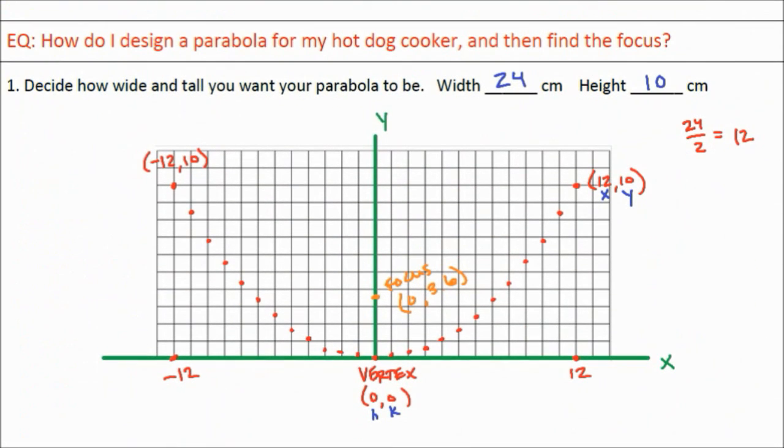The reason I have you do that is it makes it easier for me to cut this thing out when I'm done. So when you get this done, draw a horizontal line between the two endpoints. And that way we can easily cut this parabola out. You'll already have this curve drawn, and that is how you find the equation and find the focus of a parabola with the known width and known height.